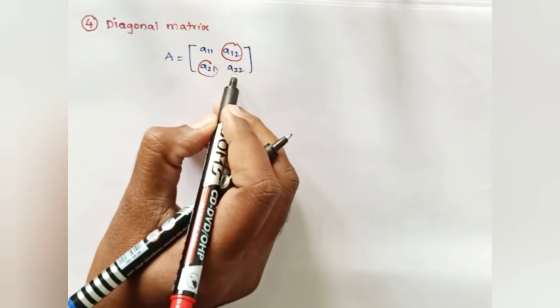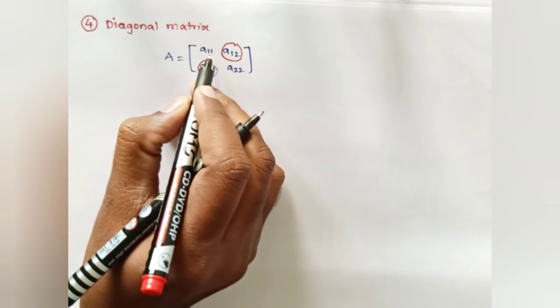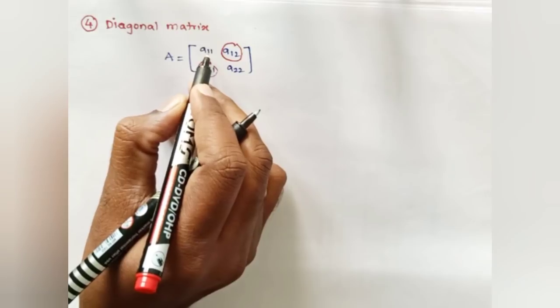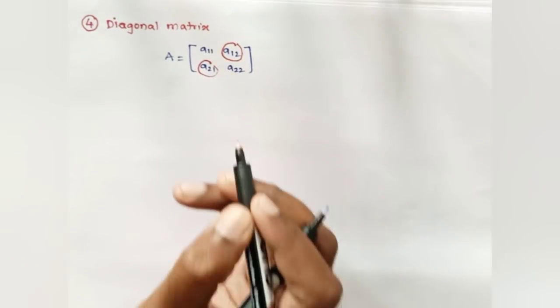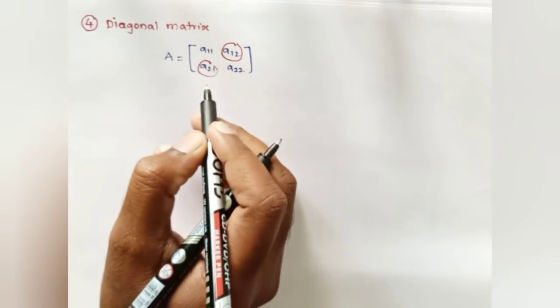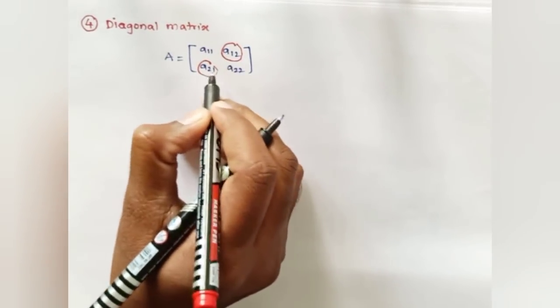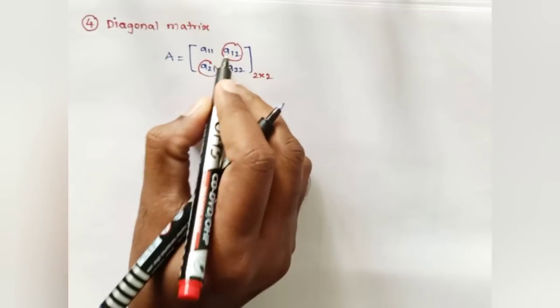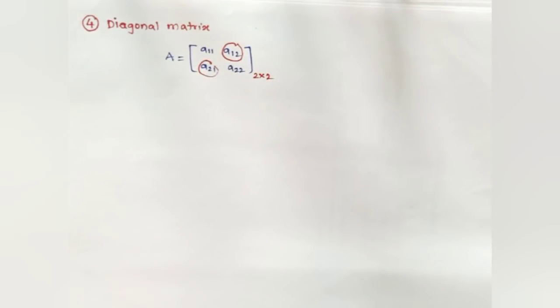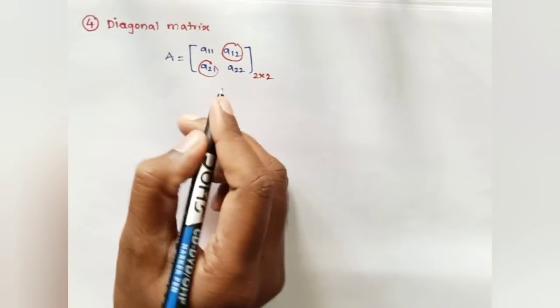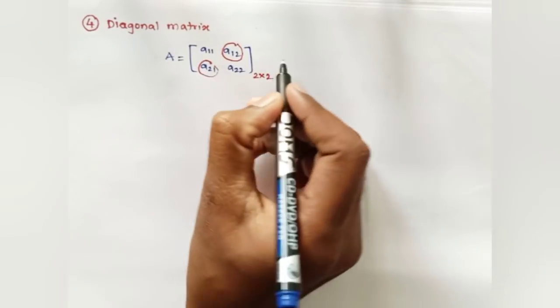A11, A22: if the subscripts are equal, like 1,1 and 2,2, 3,3, they are in the principal diagonal. Other than that, A12 and A21 are non-diagonal elements for this square matrix. If these two elements are 0, we say that that is a diagonal matrix.